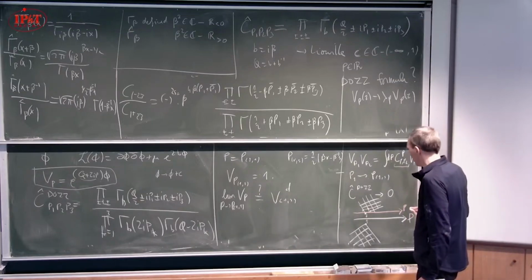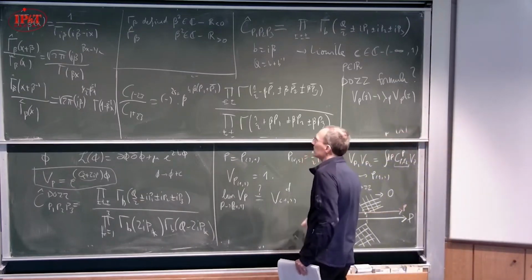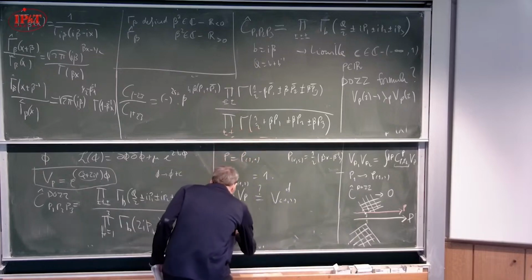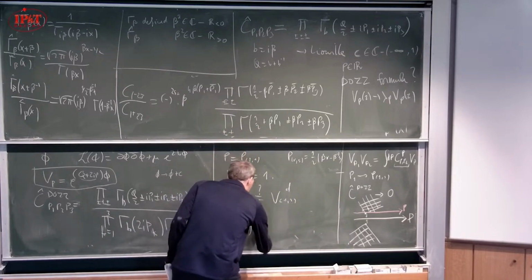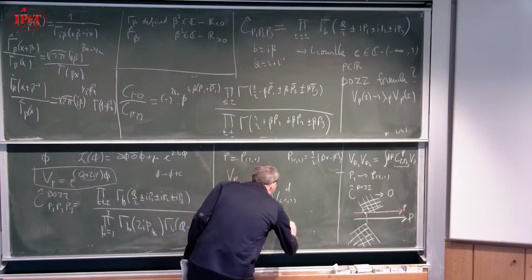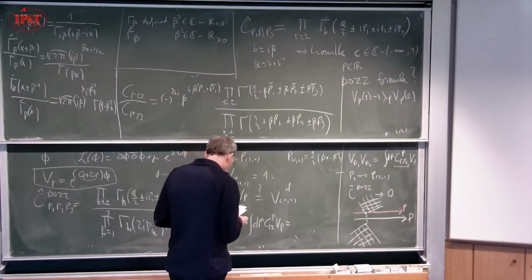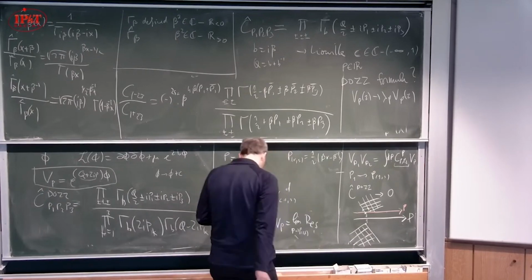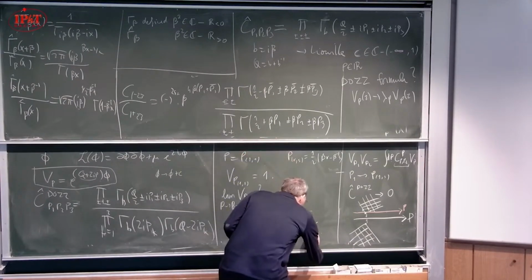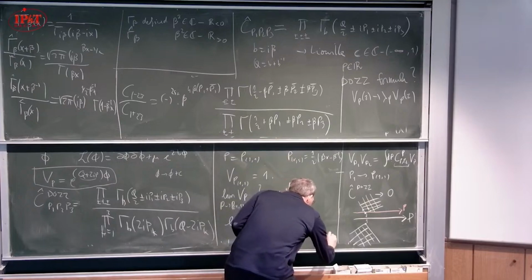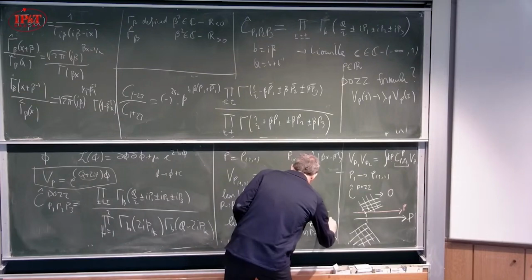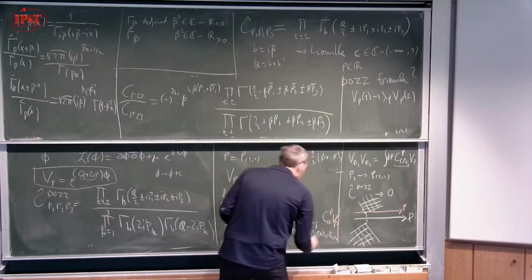And then your limit becomes, let me write it here. So the limit of the integral over P is just the limit when P1 goes to P11 of the residue at the pole P equals P1 plus P2 minus P11 of the integrand, which is C(P1, P2, P) V_P.